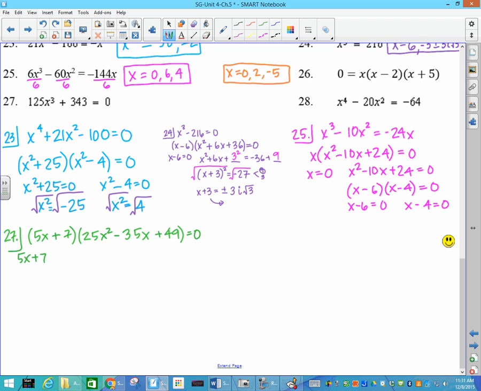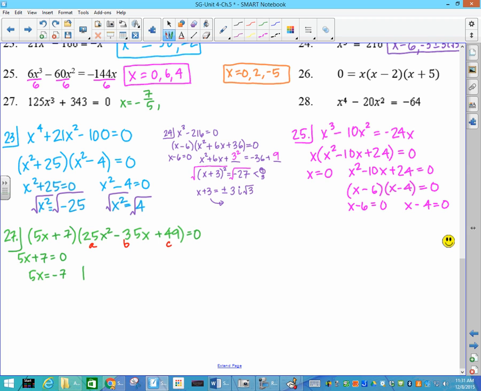5x plus 7 equals 0. So 5x equals negative 7, so x equals negative 7 over 5. And then this one again, remember it's prime. Here's my A, here's my B, and here's my C. That's an odd number, and A is not 1, so I am not going to complete the square.